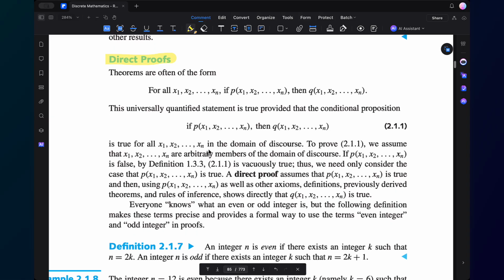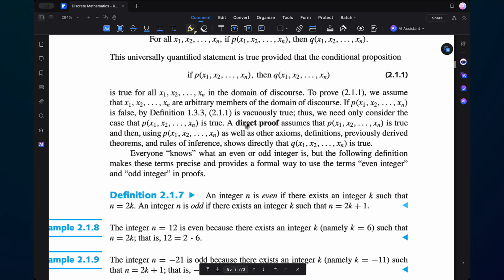So a direct proof assumes that p of x1 through xn is true, and then, using that as well as other axioms, definitions, previously derived theorems, and rules of inference, we want to show that q of x1 through xn is true.